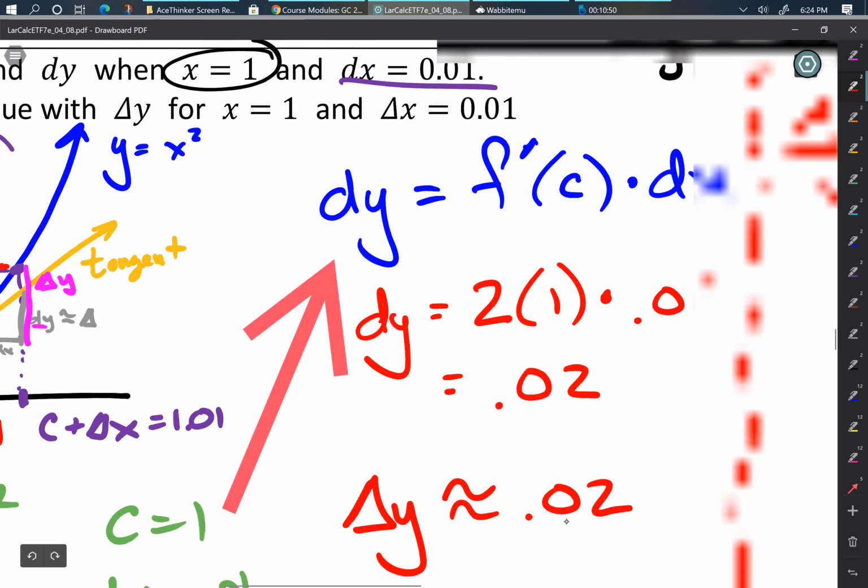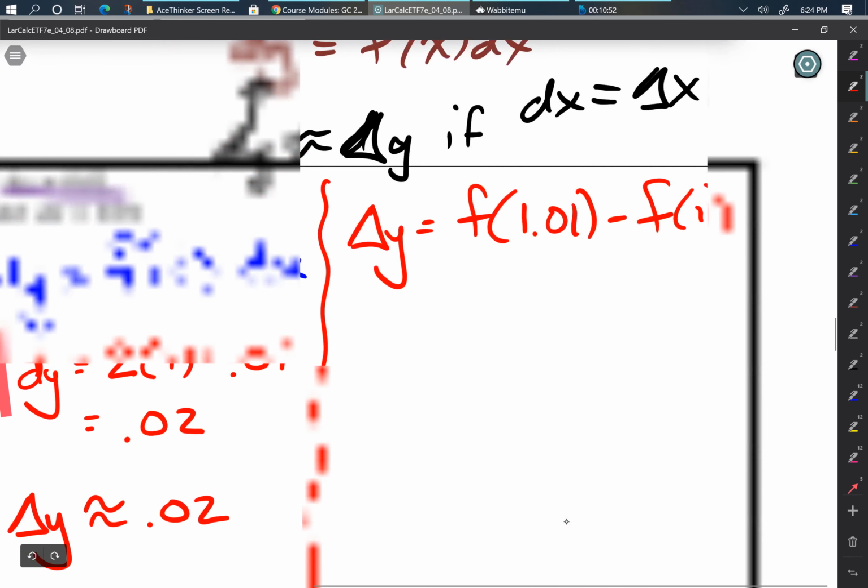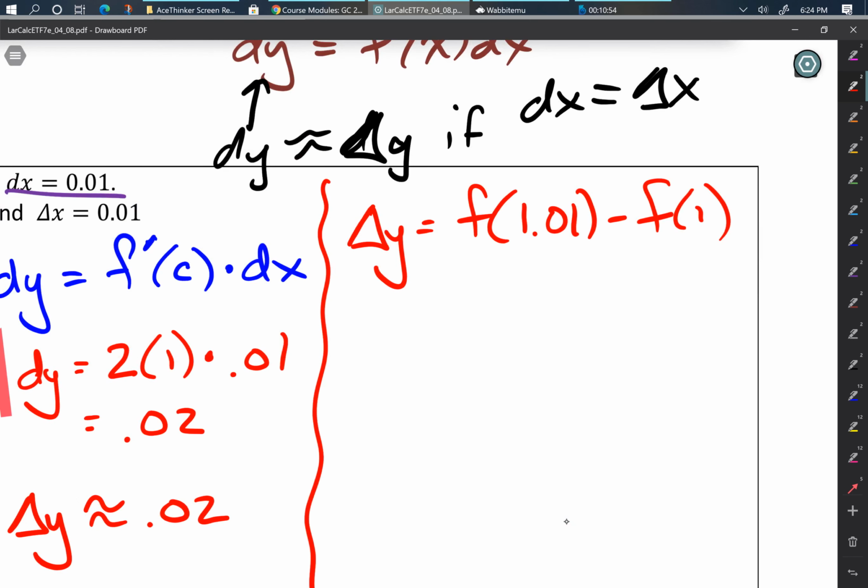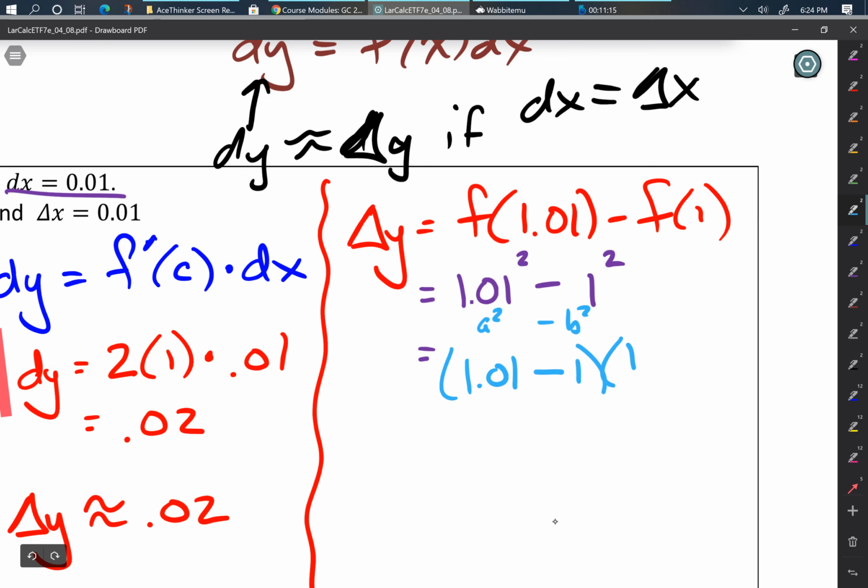Well, the y up top is the function at 1.01. The y down the bottom is the function at 1. So that's 1.01 squared minus 1 squared. Okay? And I'm going to use a little trick that I learned a long, long time ago. This is a squared minus b squared, right? So this is 1.01 minus 1 times 1.01 plus 1.